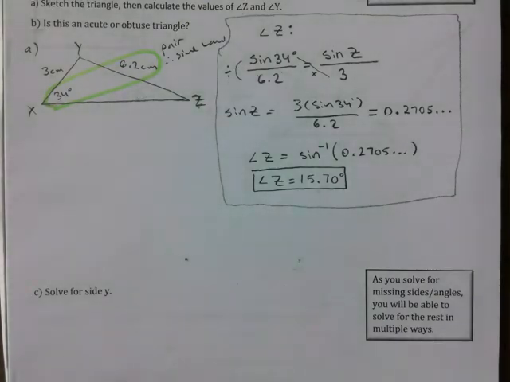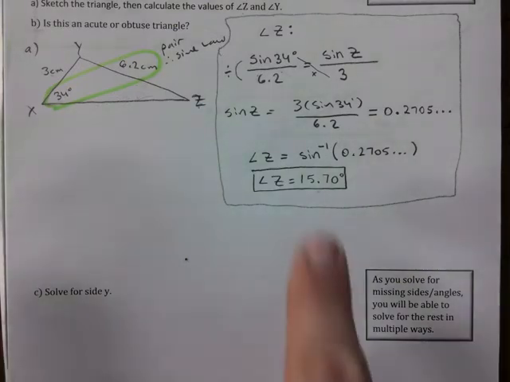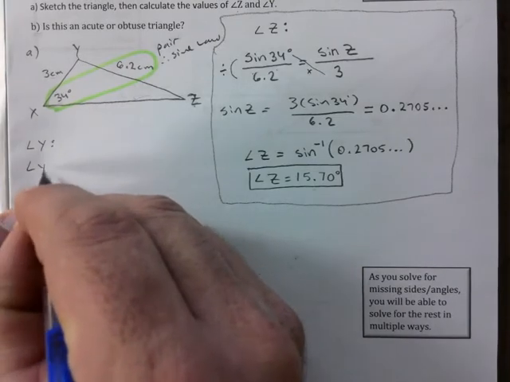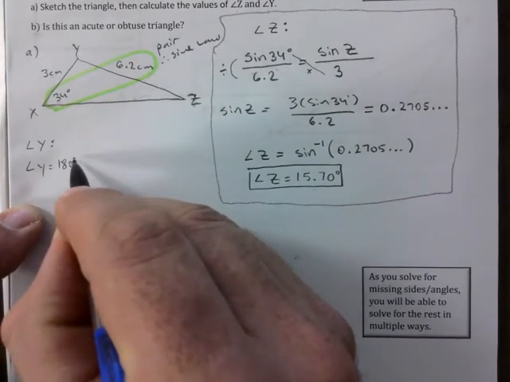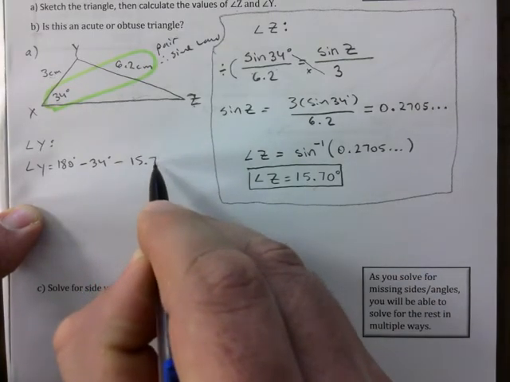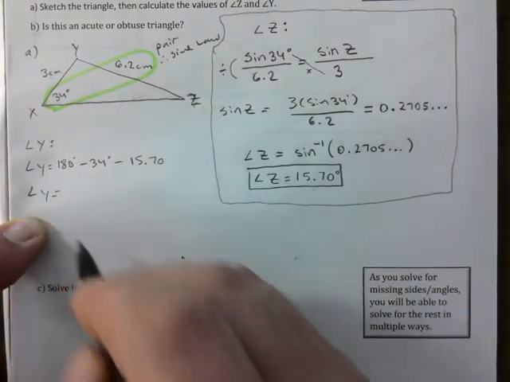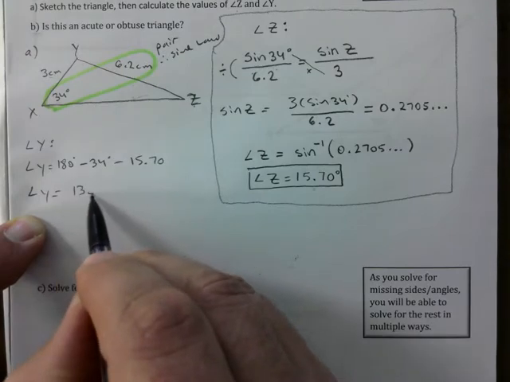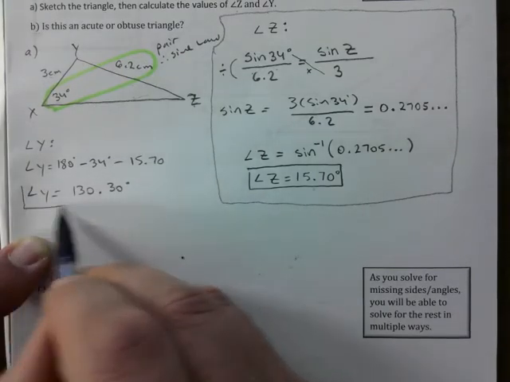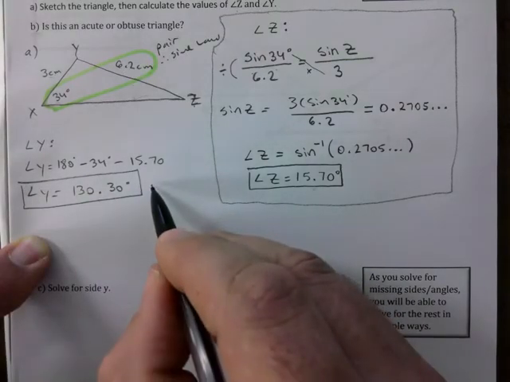Some students miss that and they do a whole other sine law just to find that third angle. Don't do it, right? It's too much work. So angle y, we're going to find that by going 180 minus 34 minus the one I just found. Angle y is 130.30 degrees, right?